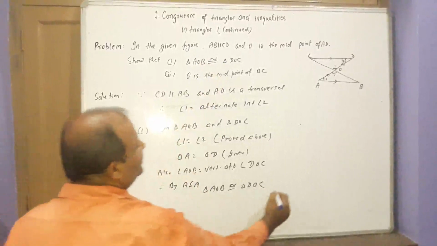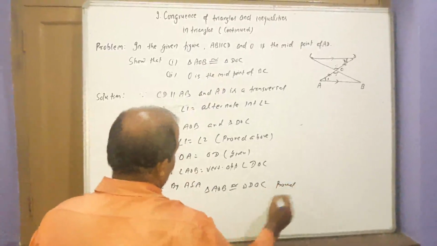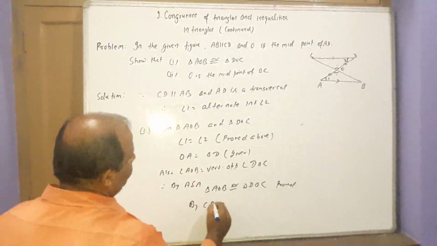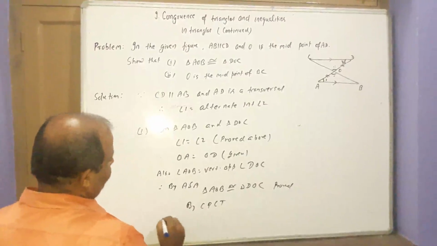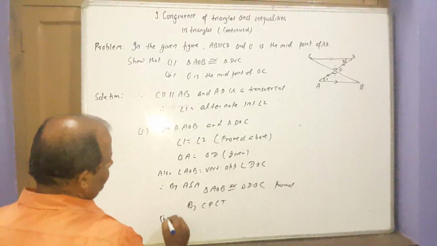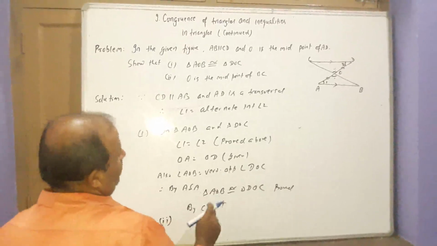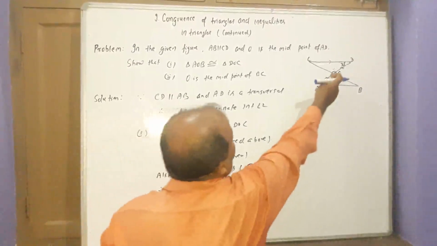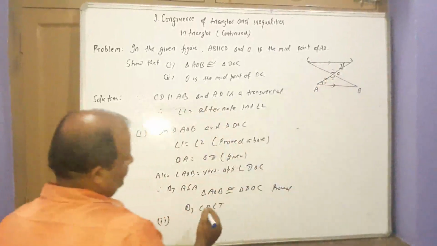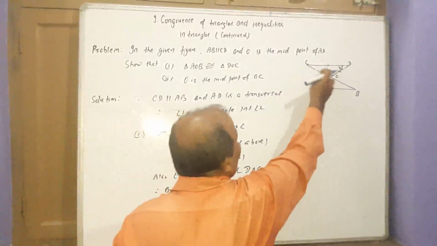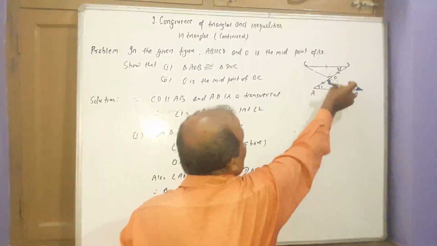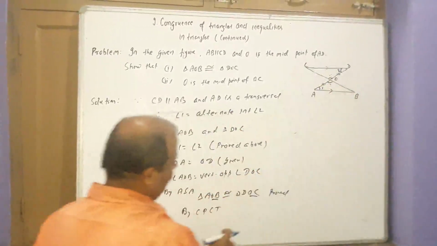This is proved by CPCT. By CPCT we will find OB is equal to OC. You have to prove that O is the midpoint of BC, and therefore you have to consider OB and OC.